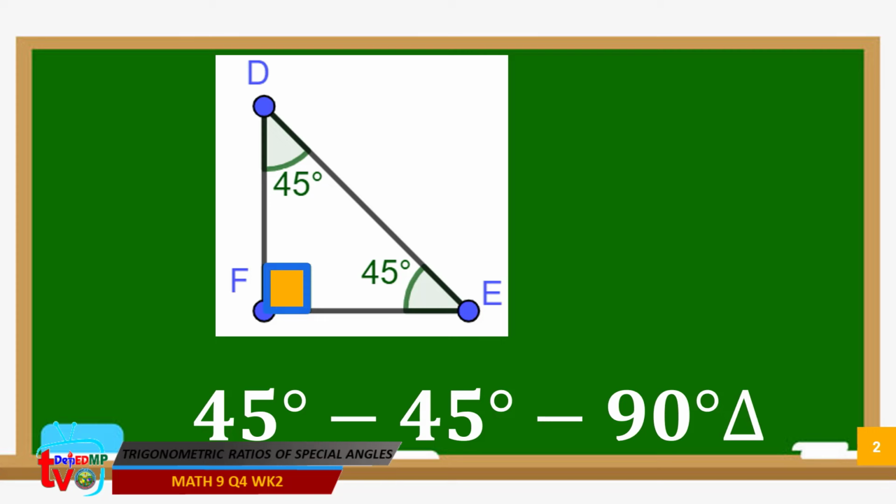Which side lies opposite the right angle? You're right! Line segment DE lies opposite the right angle. Therefore, line segment DE is the hypotenuse or the longest side. What can you notice about the other two sides, line segment DF and line segment EF?